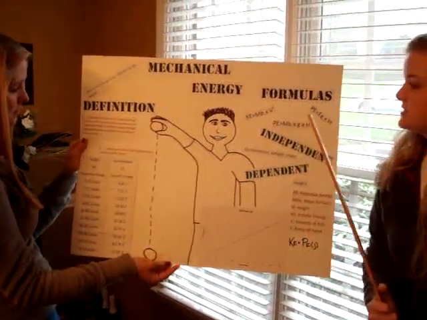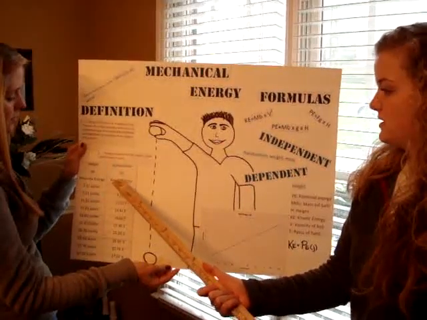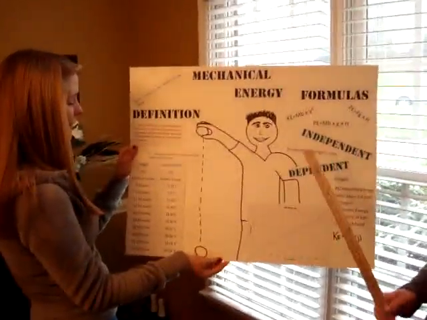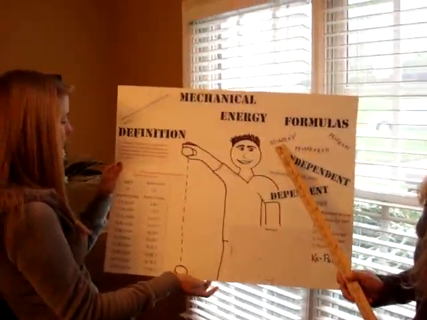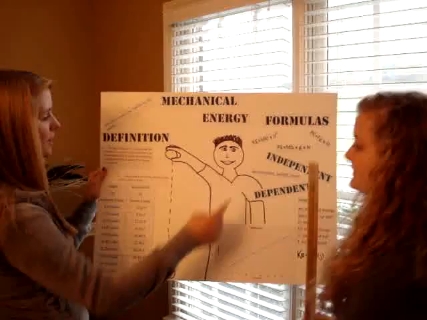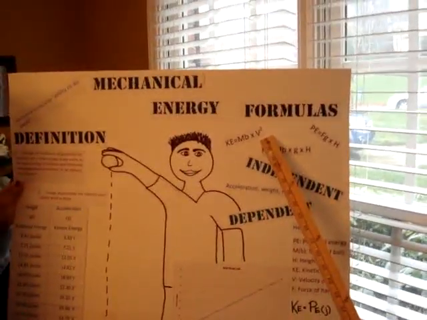And now Logan is going to explain how we found this column, acceleration, kinetic energy, right here. To find kinetic energy, it's based on acceleration since it's the energy of motion. So we use the KE formula, which is mass of the ball times velocity squared.